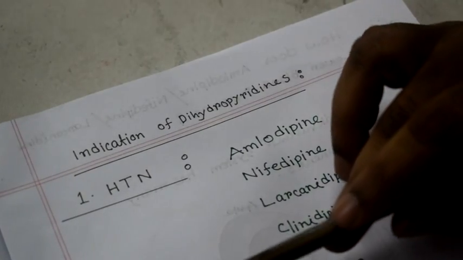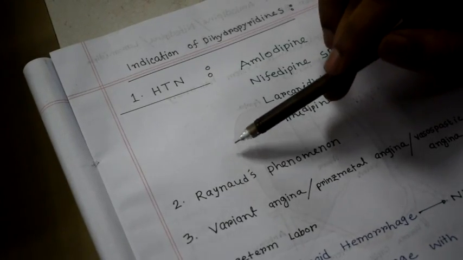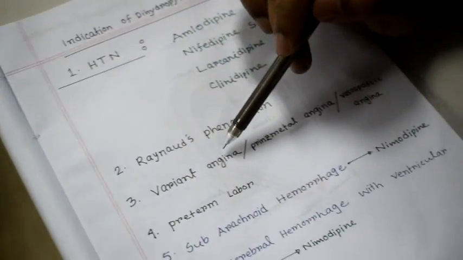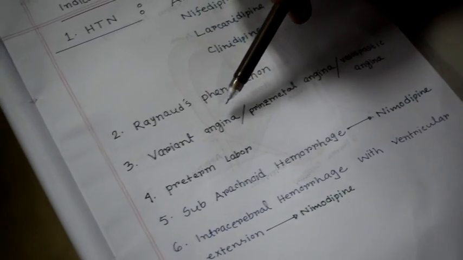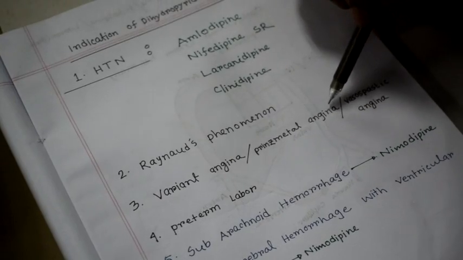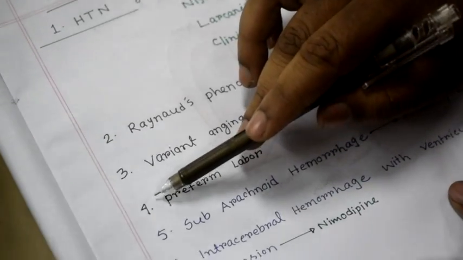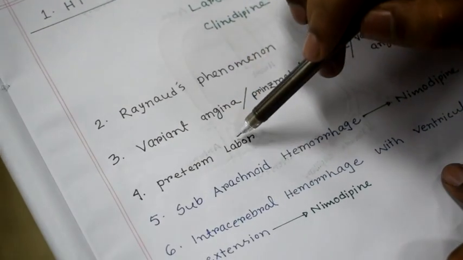Second important indication of dihydropyridine calcium channel blocker is Raynaud's phenomenon. We will discuss this condition in details in later part of our lecture. Third important indication is variant angina. Variant angina is also called Prinzmetal angina, and it is also known as vasospastic angina. Fourth indication is preterm labor.